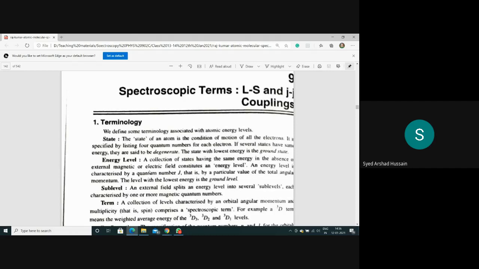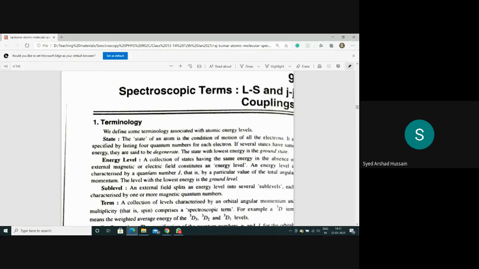So, state of an atom. We have heard this word several times. State of an atom means the condition of the motion of all the electrons within the atomic system, and that means you are identifying the states of all the individual electrons in a particular atom.